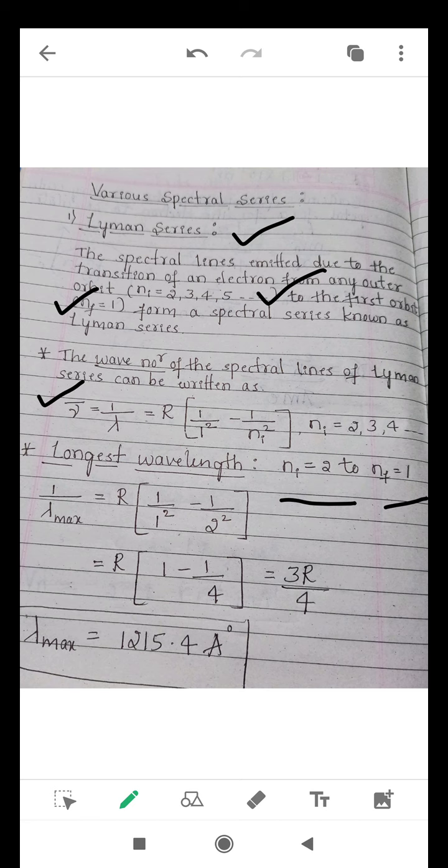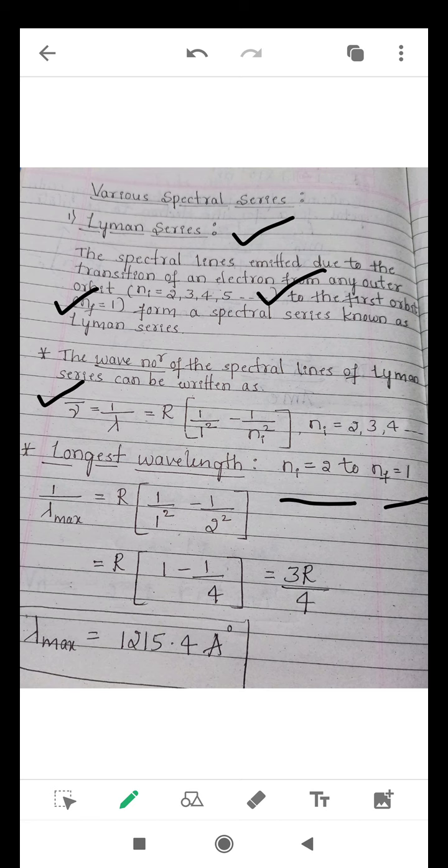We get 1 by lambda max is equal to R times 1 divided by 1 square minus 1 divided by 2 square. After simplification, we get the lambda max value as 1215.4 angstrom. This is the longest wavelength for the Lyman series.